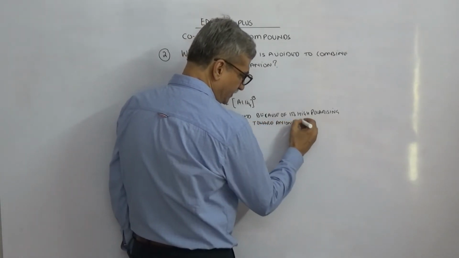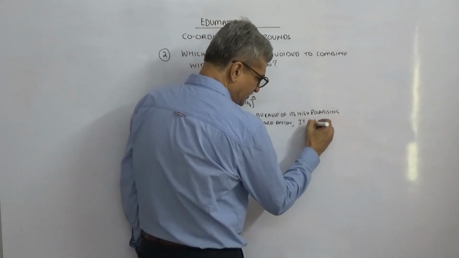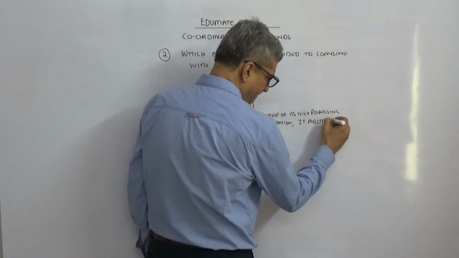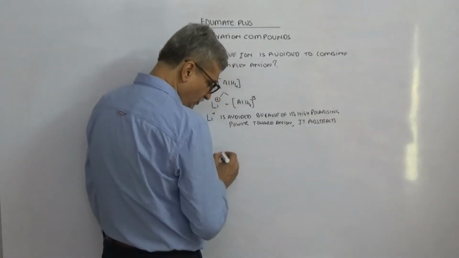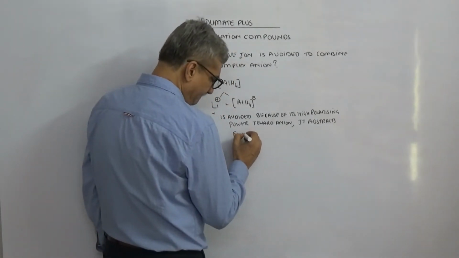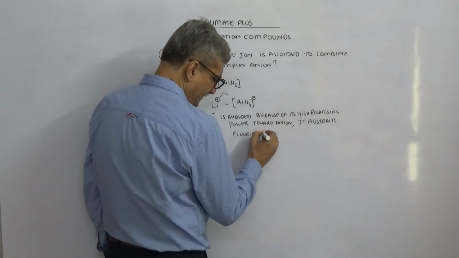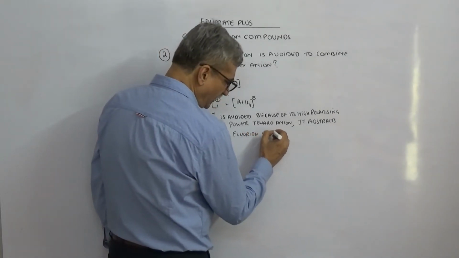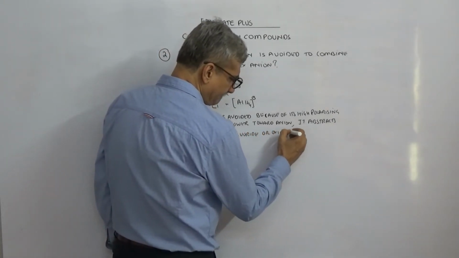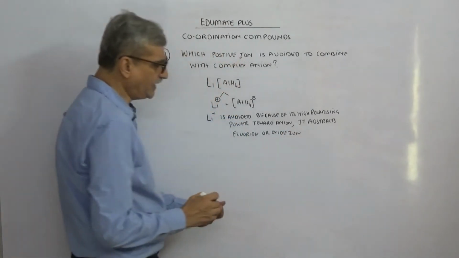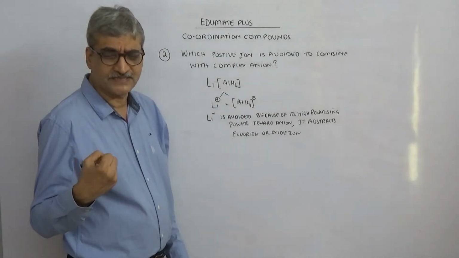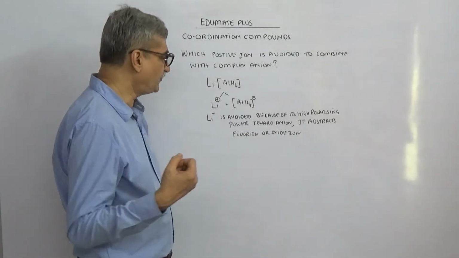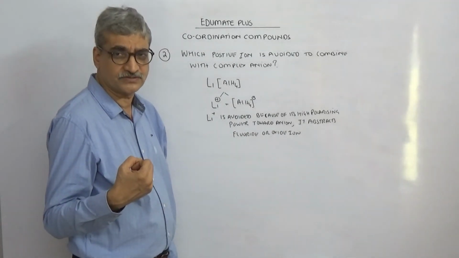It abstracts, which means it removes, fluoride or an oxide ion. So whenever your anion has a fluoride or oxide ion, it becomes unstable, and that will be abstracted out by lithium to form lithium fluoride, lithium oxide, and so on.